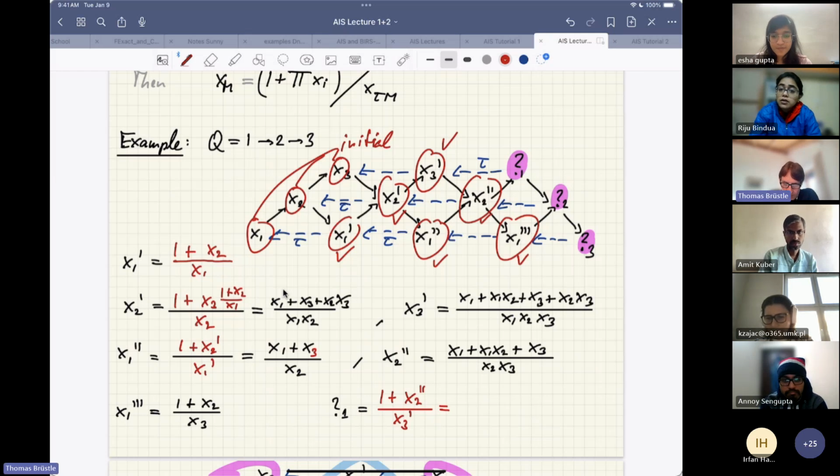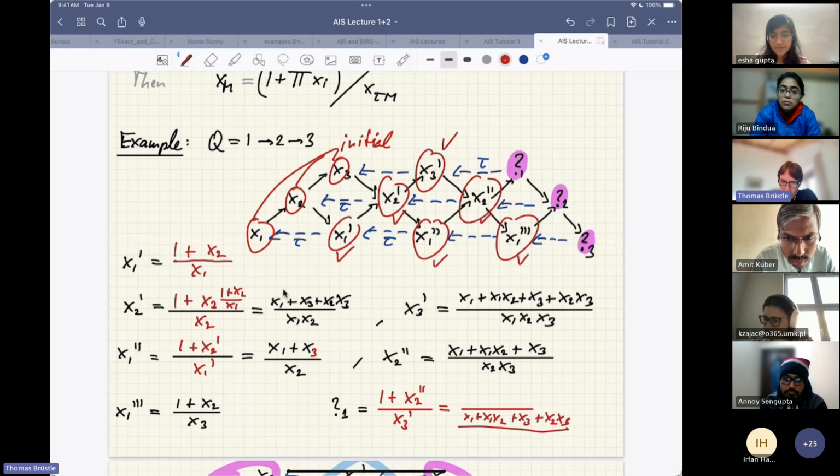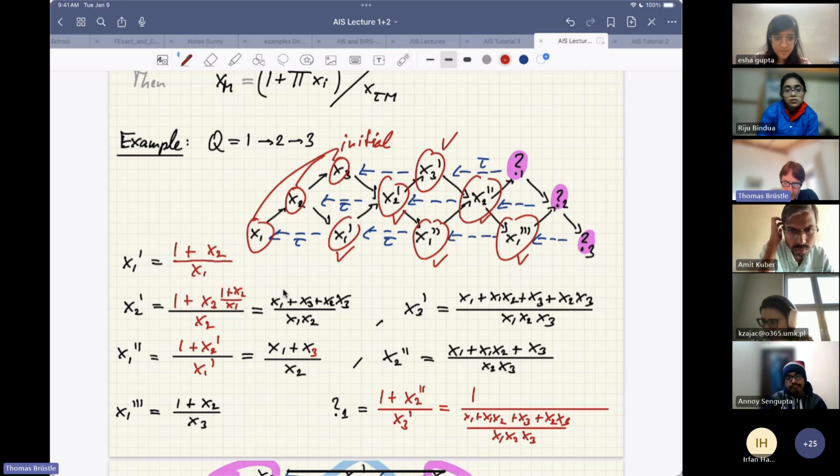Okay, and then I need to evaluate that thing. So x3 prime was that big chunk. This is x1 plus x1 x2 plus x3 plus x2 x3 over x1 x2 x3.